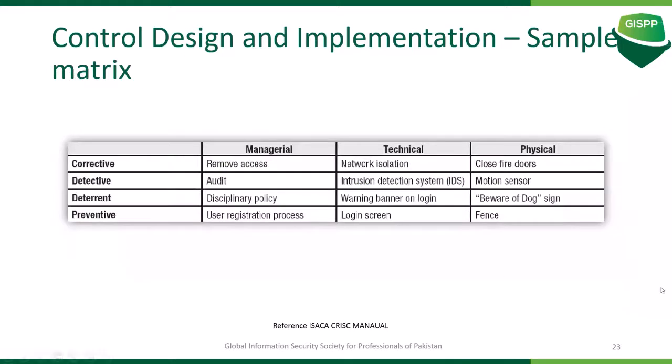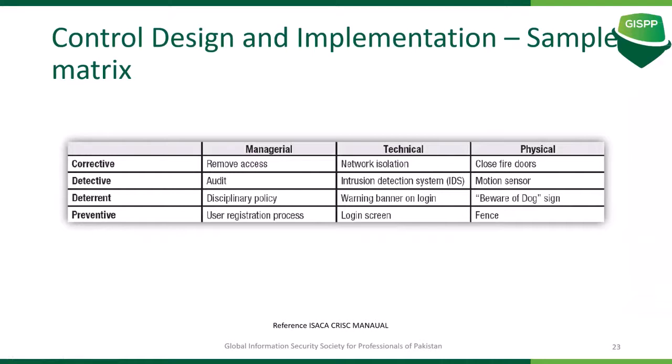Now normally in your organization we develop this kind of table where we can show that certain controls are applied from a managerial perspective. For example, if some illegitimate access action happens, what corrective action will we take? We will just remove the access. What is the technical action?